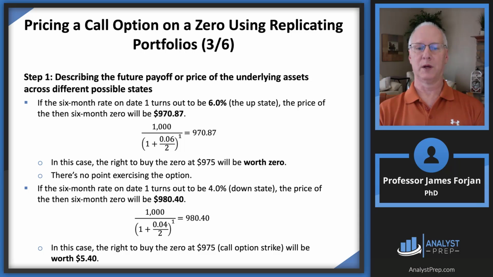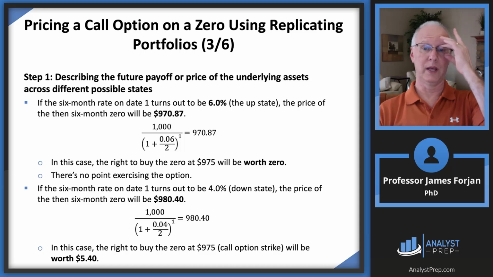All right, if the 6-month rate, on the other hand, turns out to be 4%, then the price of that 6-month zero will be $980. So we discount the 1,000 at 1 plus the 2%, right? Semi-annual compounding again, and we get $980.40. Do you see what's going on here? The price of that fixed income security a year from now is going to be either the 970 or the 980, right?